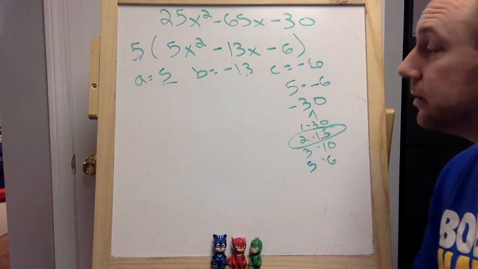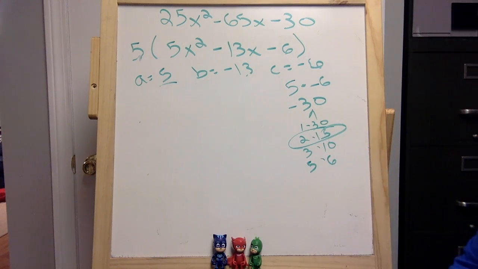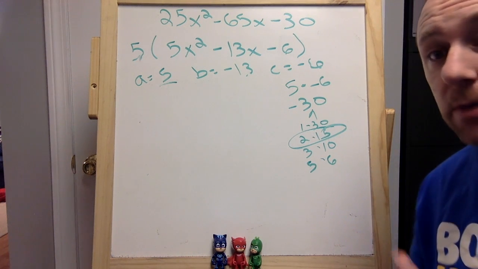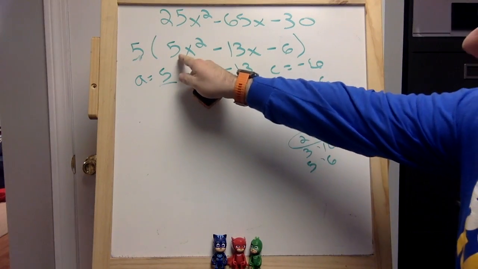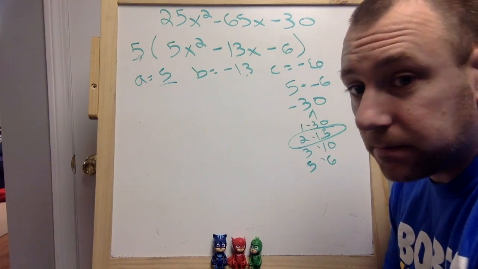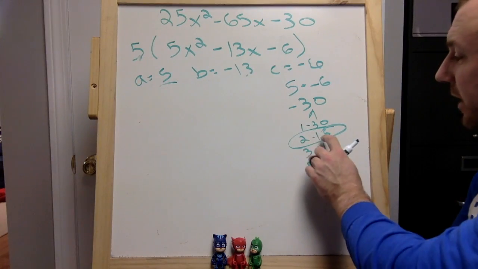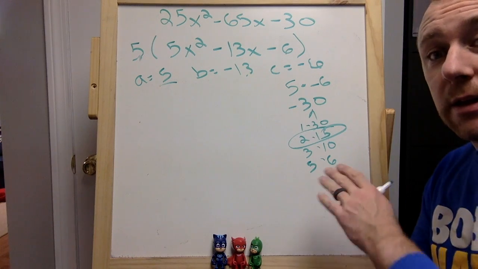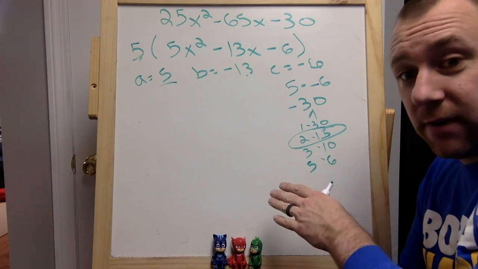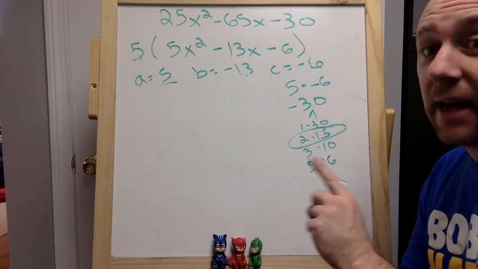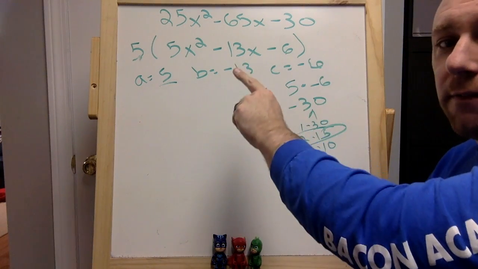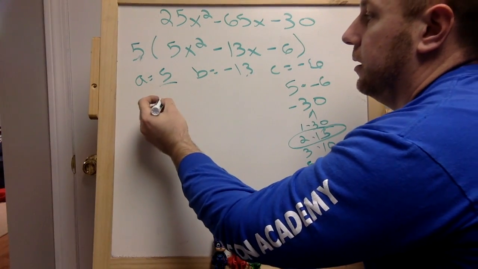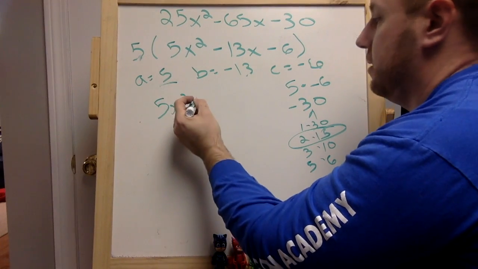So now I'm going to replace the middle term, and I'm also going to be strategic in where I place these things. You'll notice that this is 5x squared, and I have 2 and I have 15. If I am at all having trouble with my factoring, I want to put numbers in there that kind of go together. And you'll notice that the 5 and the 15 kind of go together. So I'm going to write it.